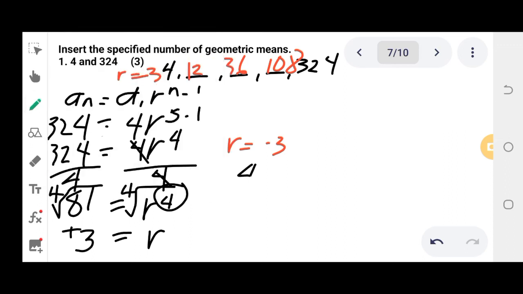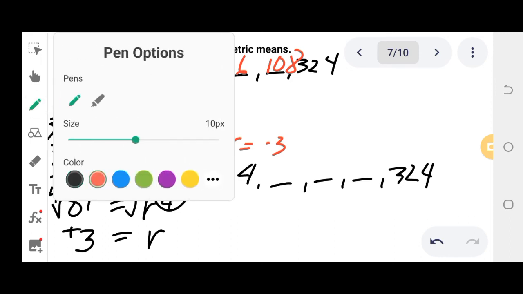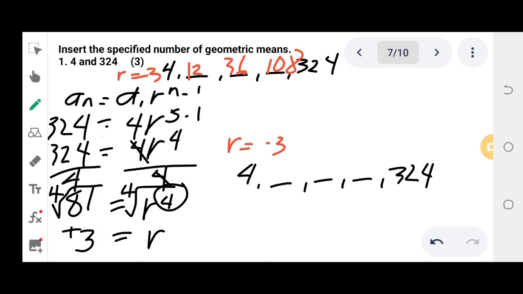Tapos, kapag naman sa negative 3, sulat natin muna yung sequence. 3 and 324. For the negative 3, ang ating value is negative 3 times 4 is negative 12.